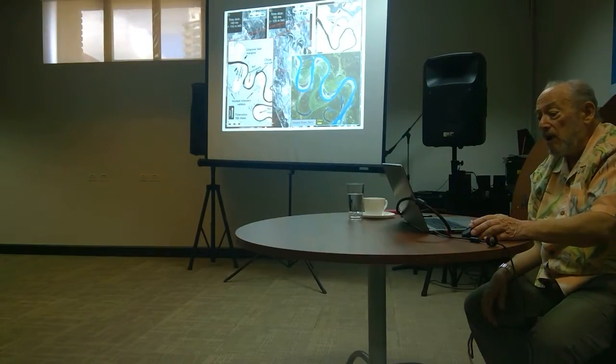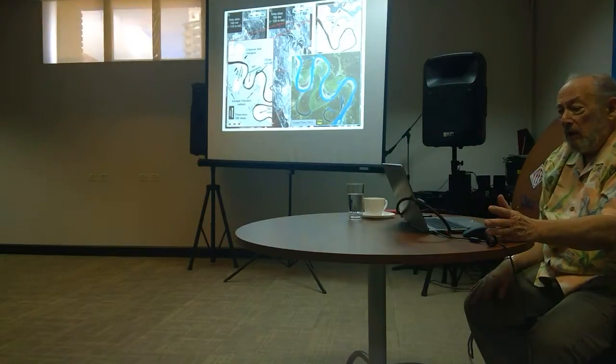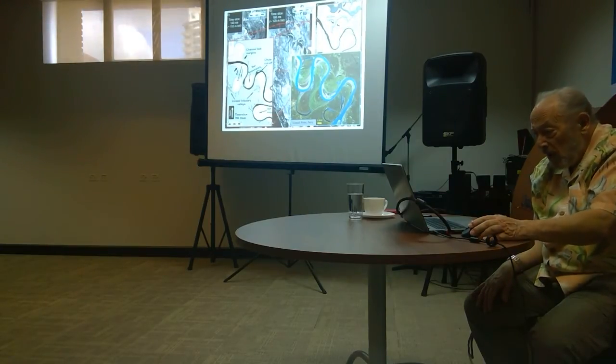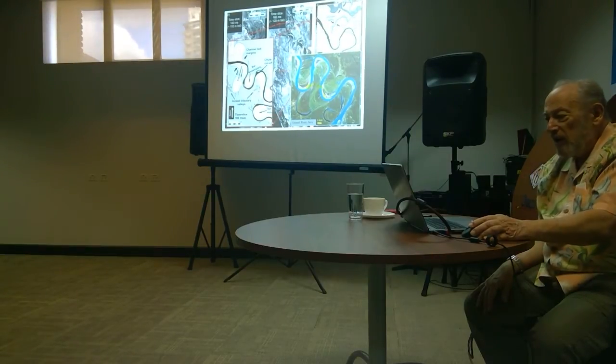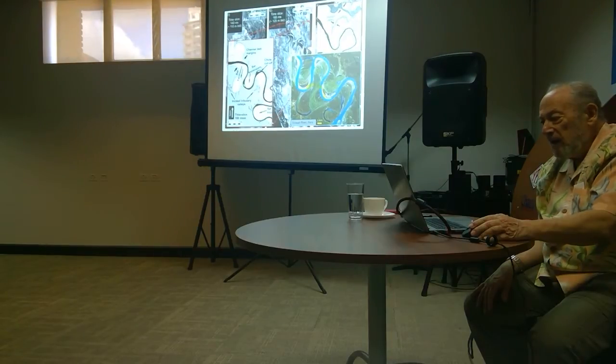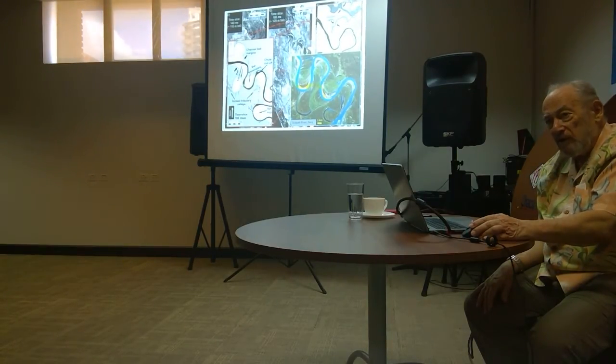Someday, so this is the modern river, it's flowing now. At some point in time, probably you're going to get a cutoff right about in here. You're going to get a flood with a very high velocity coming around the bend so that the river breaches that channel, and that water has to go somewhere, so it goes across and connects up with the channel here.